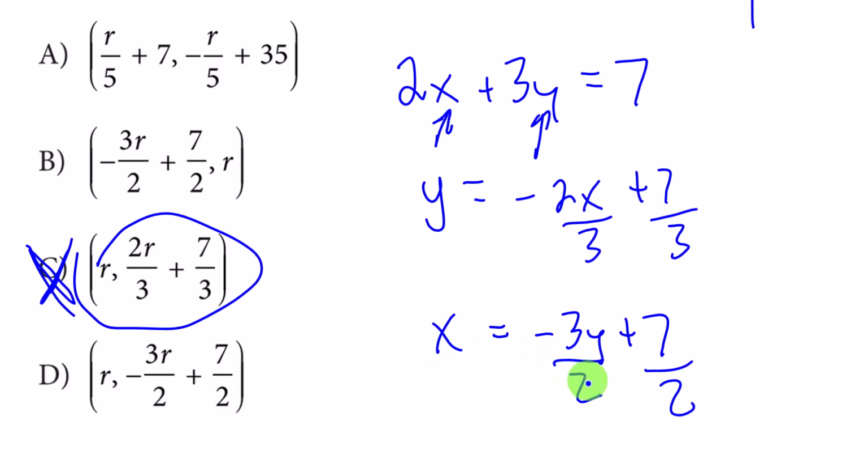So we're actually starting with the y value and figuring out the x value. So take a look at choice B, and that's what you have. You got the y value first. Let's say r is the y value, and if you take r and plug it in there, the x value is actually calculated based off the y value, and you get negative 3 halves r plus 7 halves.